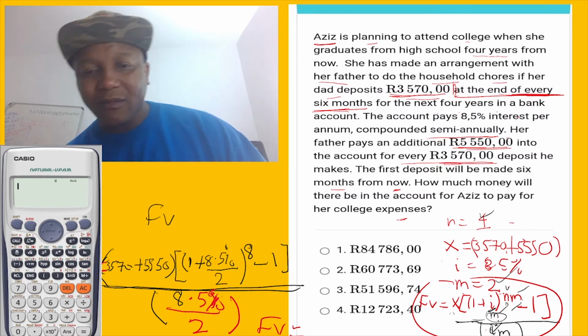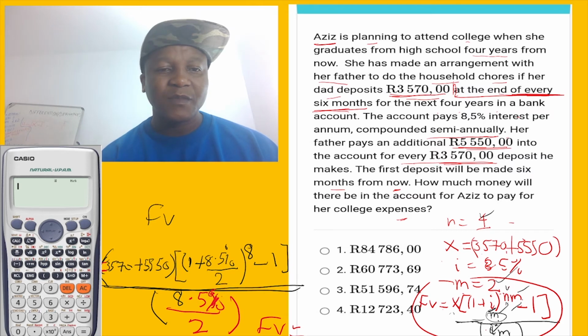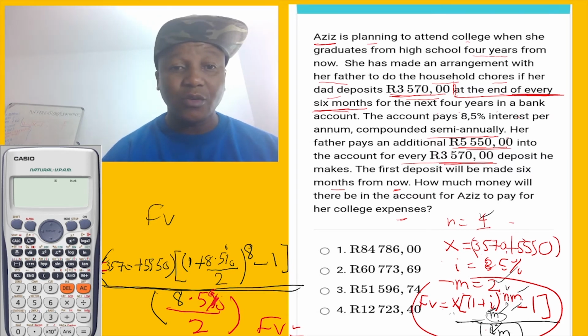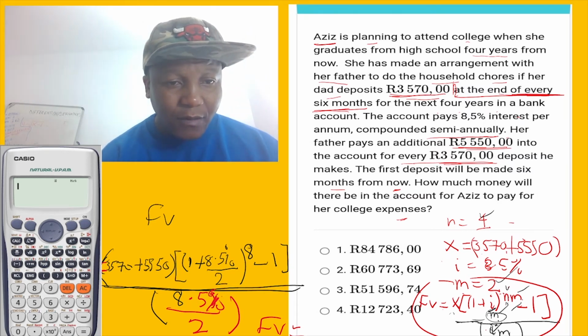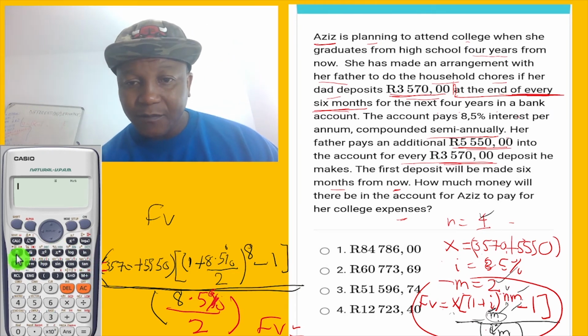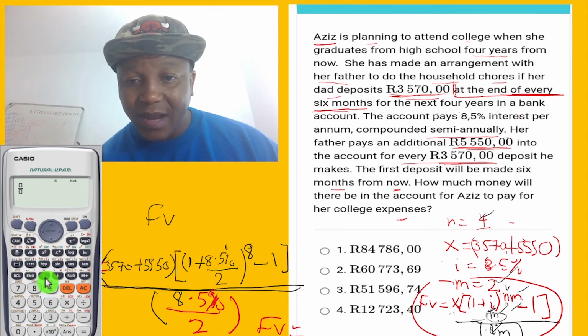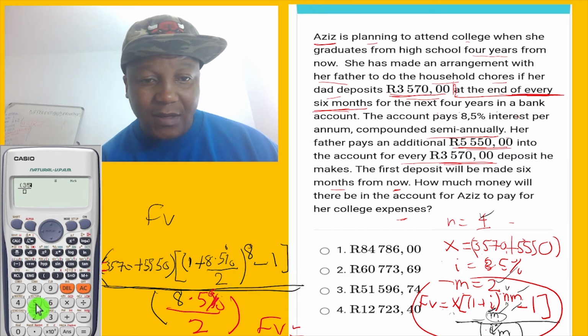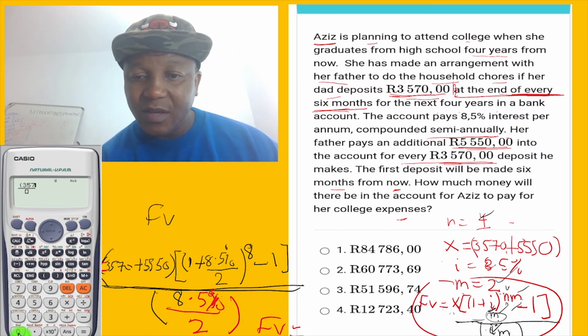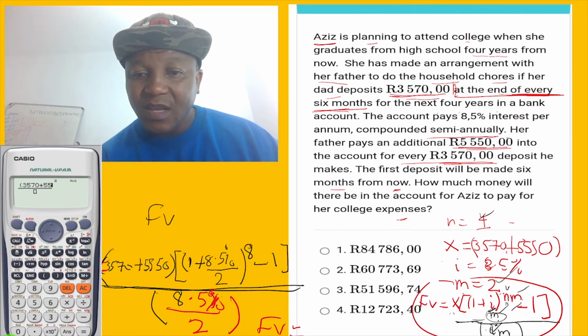Now we're going to come to the calculator and plug in these values. All right, let's plug in our values. So we say our future value equals fraction. Now we say bracket 35 and then 70 plus 5 1 2 3 0 bracket.